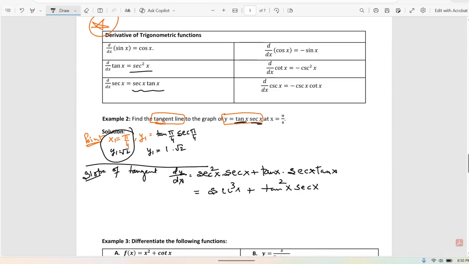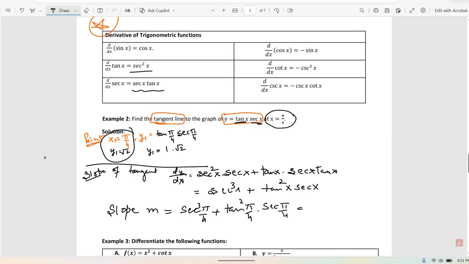But we need to find tangent line at this point. So we need to find slope of the tangent, which is usually written as m, but at pi by 4. So you need to put secant cube pi by 4 plus tangent square pi by 4 times secant pi by 4.